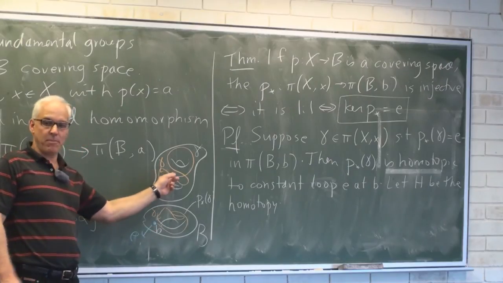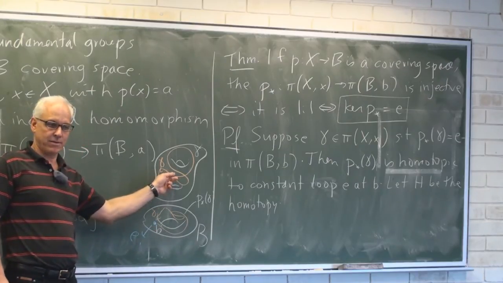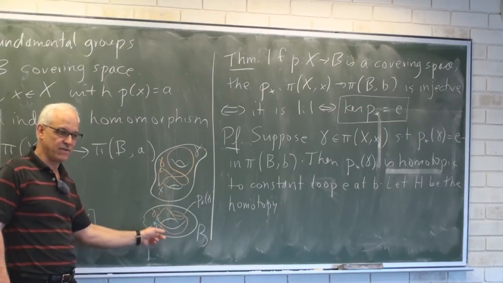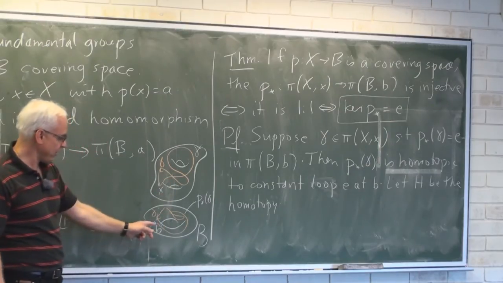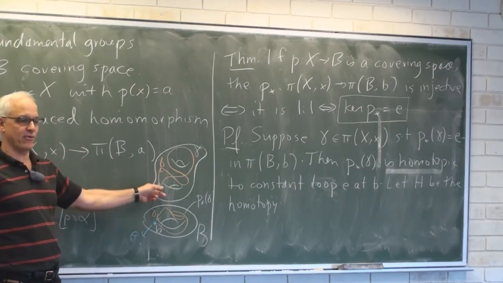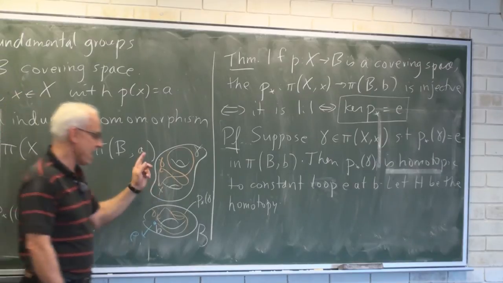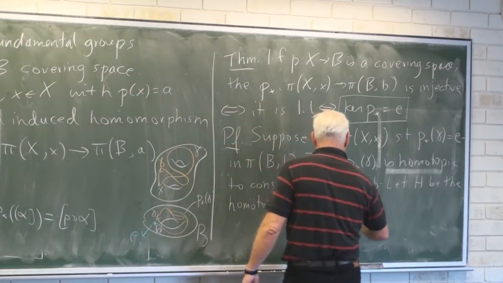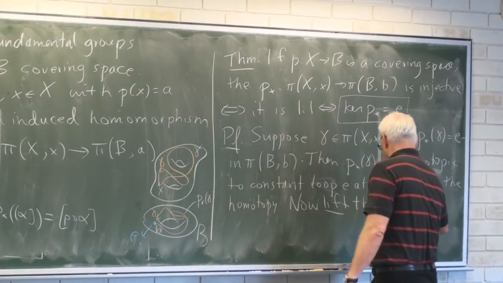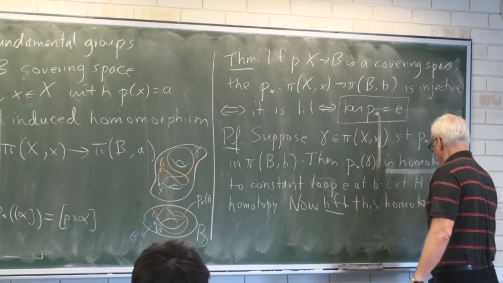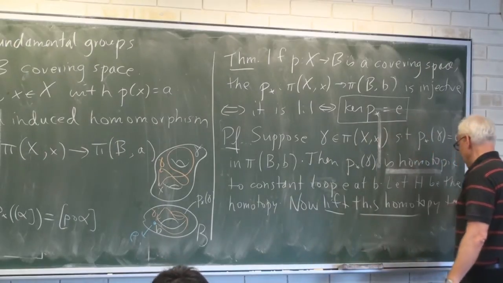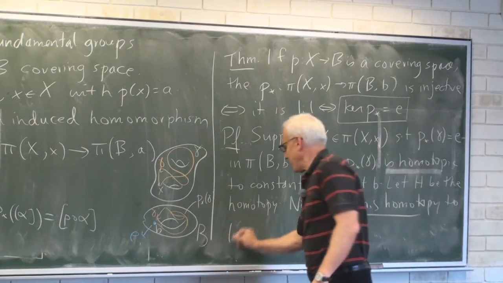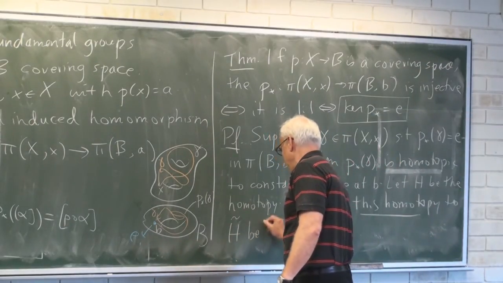We're going to lift it up to here. We're going to lift this homotopy between these two loops down here to upstairs. Now lift this homotopy to H tilde between what?